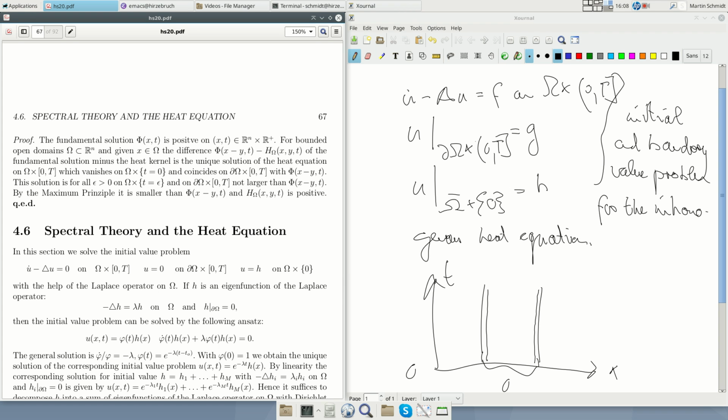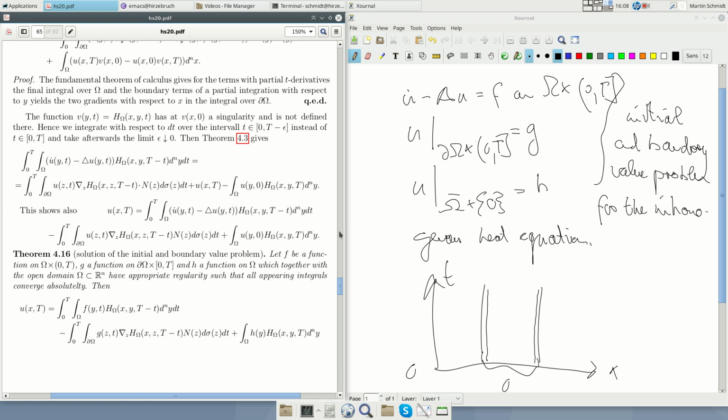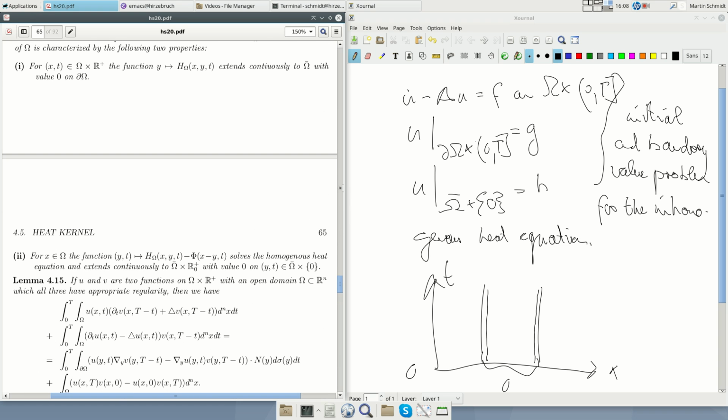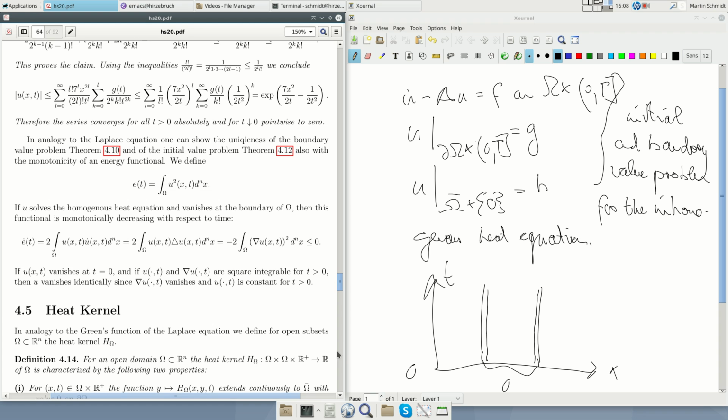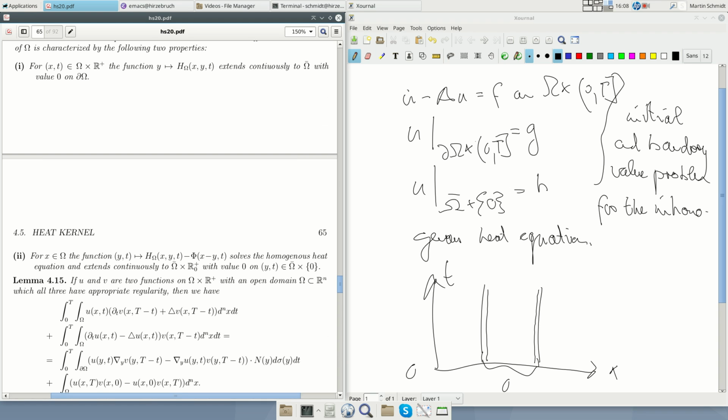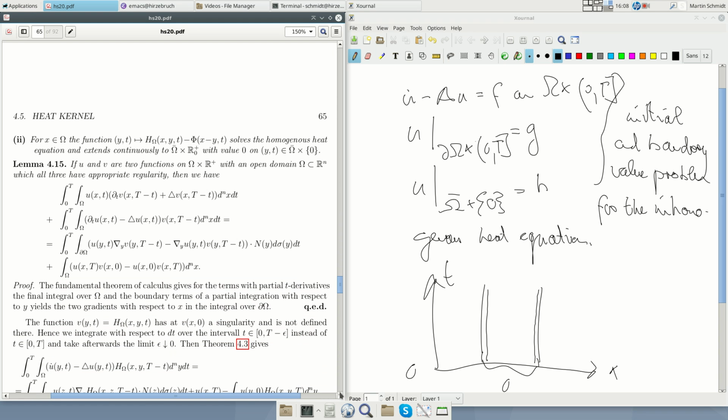Okay, let's recall what we have done in this section. We introduced the heat kernel by two properties. Then we showed an analogous identity to Green's representation formula. This is also similar to Green's first and second formula.